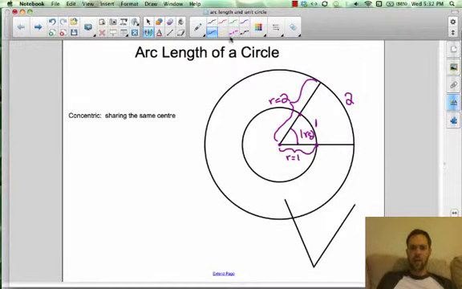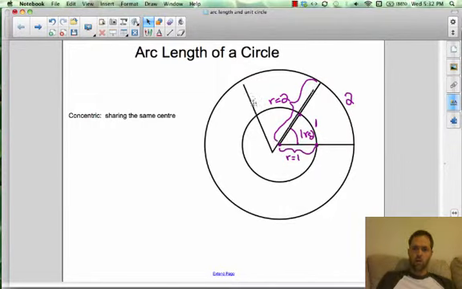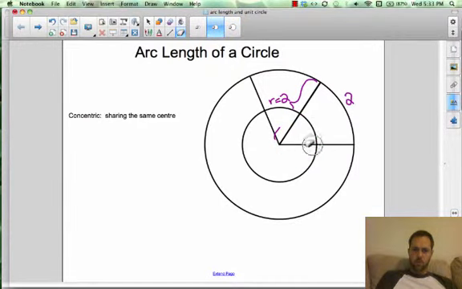Now, if we add another radian into our circle that I have down here, another 1 radian angle, let's take a look at our arc lengths now. I'll clean this up a little bit for us.